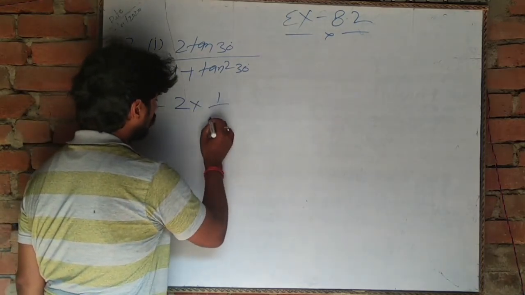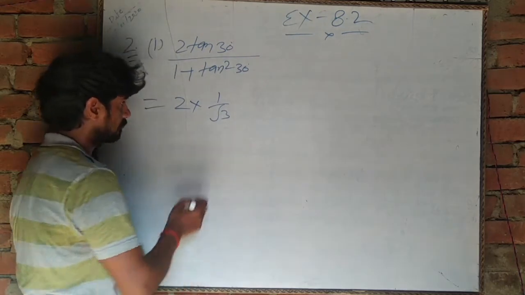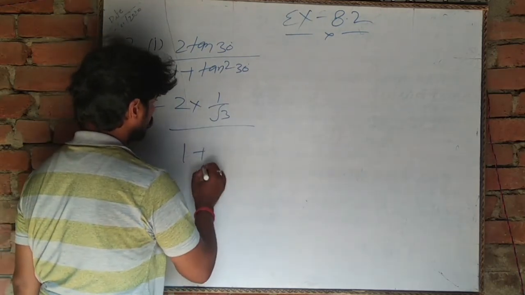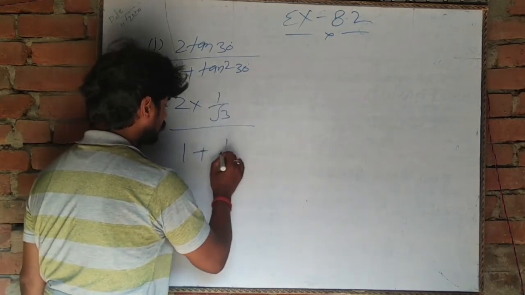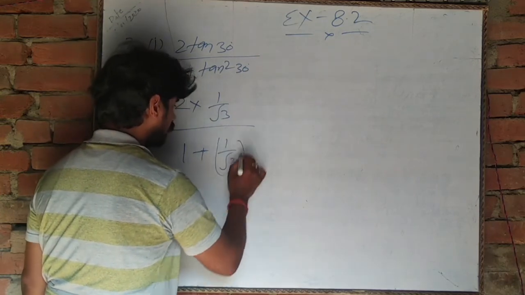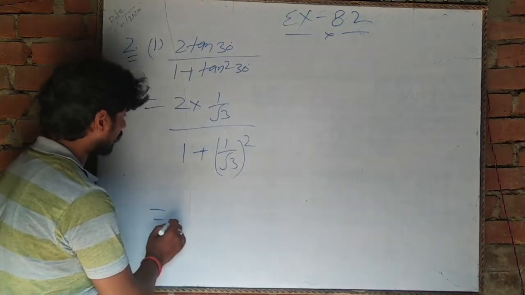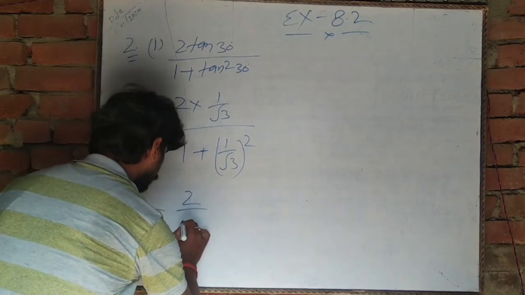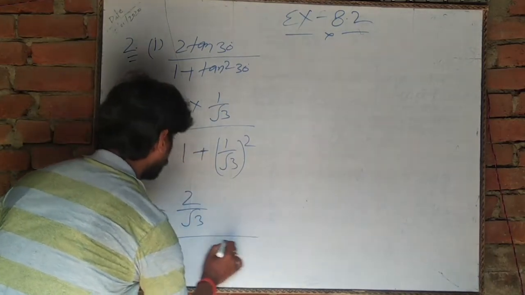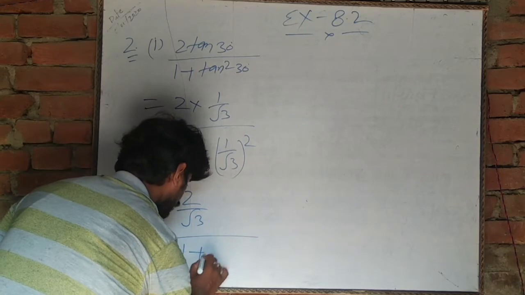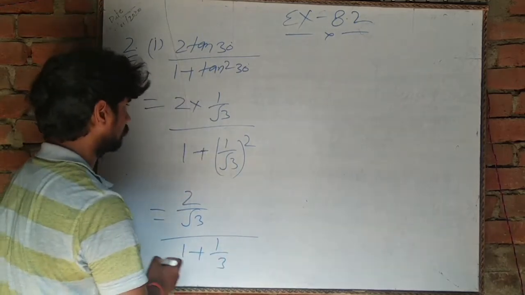Tan 30 means 1 by root 3, by 1 plus tan 30 means 1 by root 3 whole to the power 2. Again we can write 2 by root 3 by 1 plus 1 by 3.